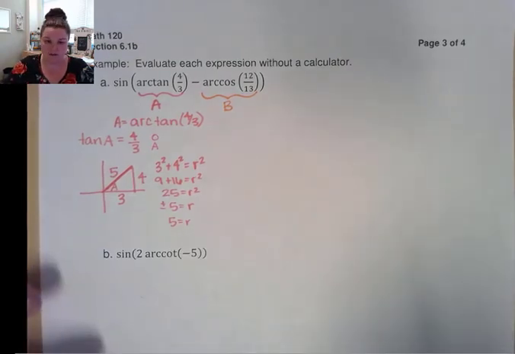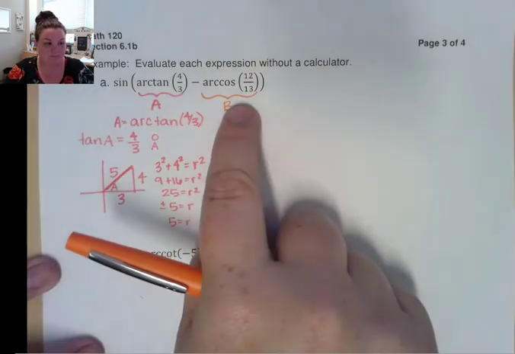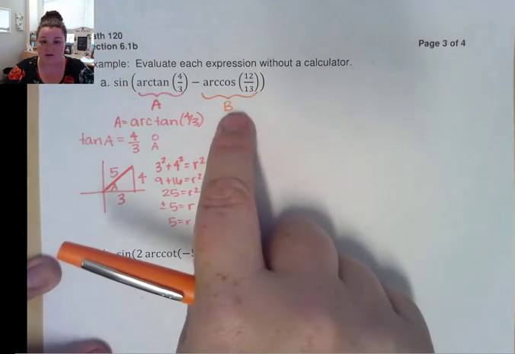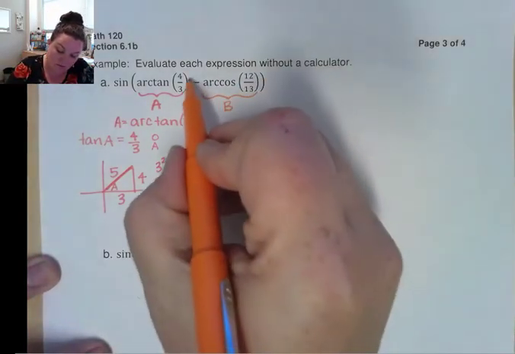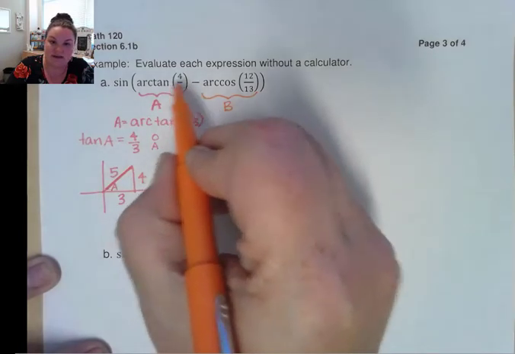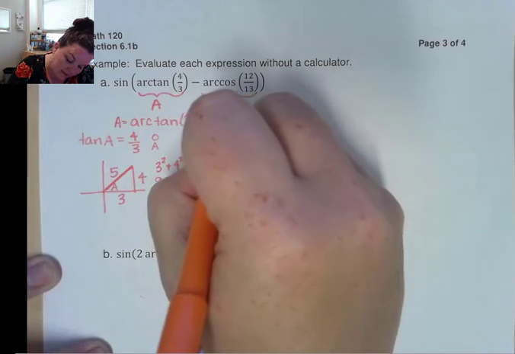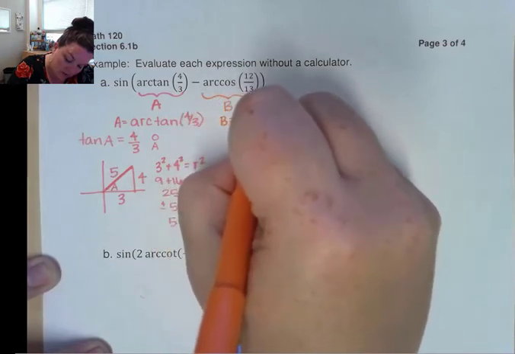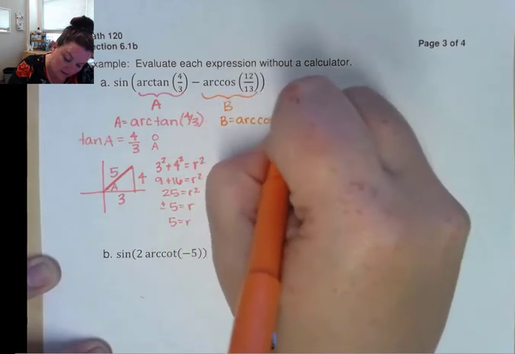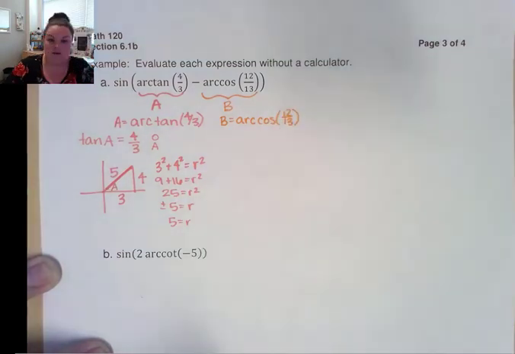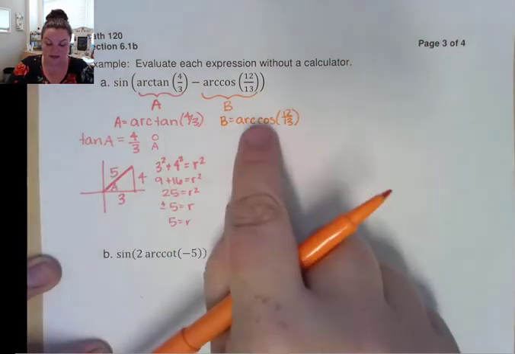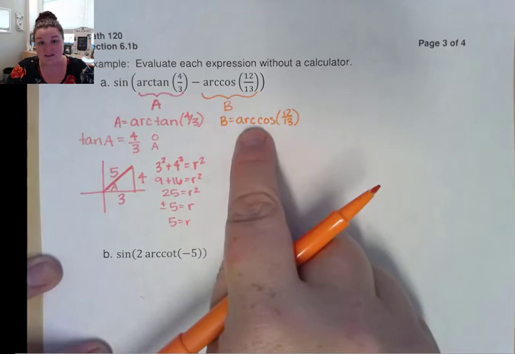Now what I want to do is the same exact thing with my B angle. I'm not going to worry about this negative because that just tells me I'm subtracting these two angles. So I'm going to say we're letting B equal the arc cosine of 12/13. Just like we did over here, I want to get rid of that inverse.